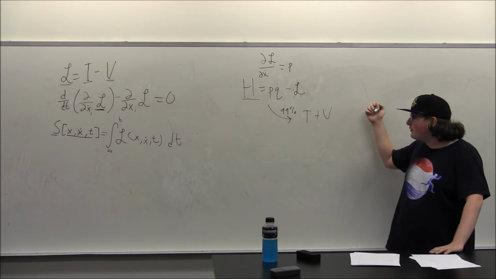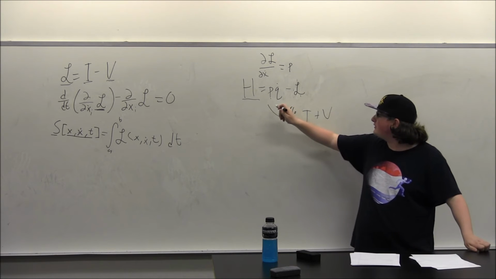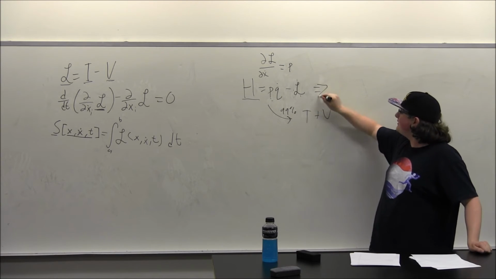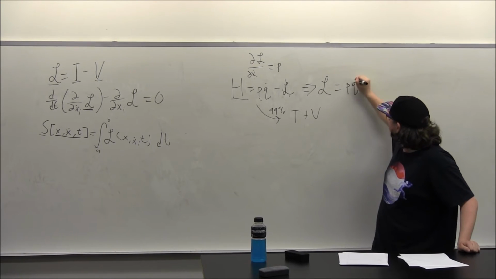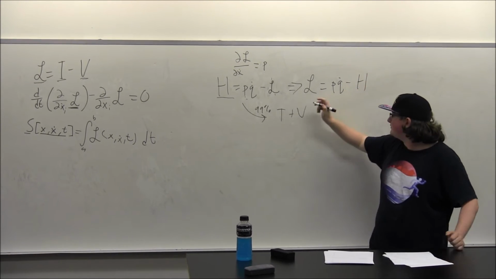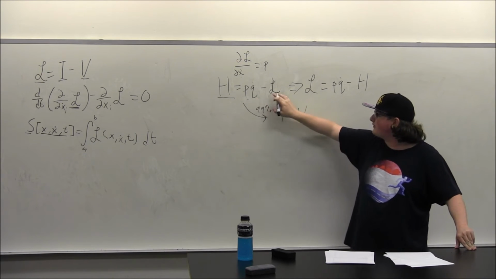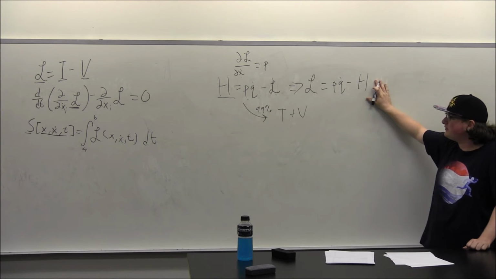One thing, if you go through the math of the Legendre transform, you find out that it's cyclic. A nice easy way to show that is I can rewrite this: the Hamiltonian is a Legendre transform of the Lagrangian, but also the Lagrangian is a Legendre transform of the Hamiltonian.